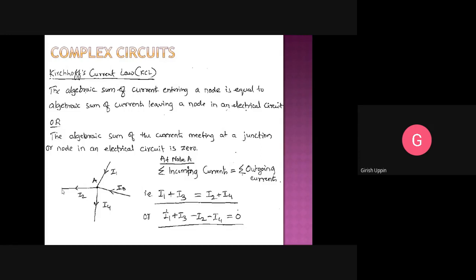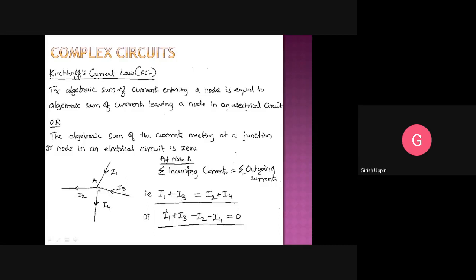What Kirchhoff's current law says is, whatever current is coming into the node will be exactly equal to the outgoing current. So the sum of the incoming currents is equal to the sum of the outgoing currents. Here if you see the example, I1 is incoming, where incoming is with respect to this node.